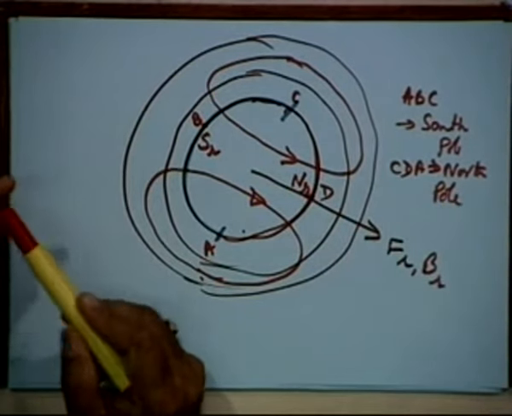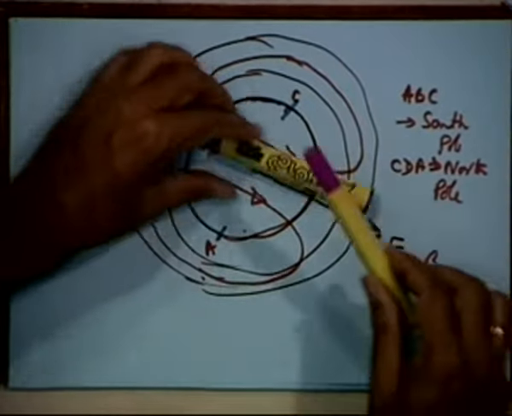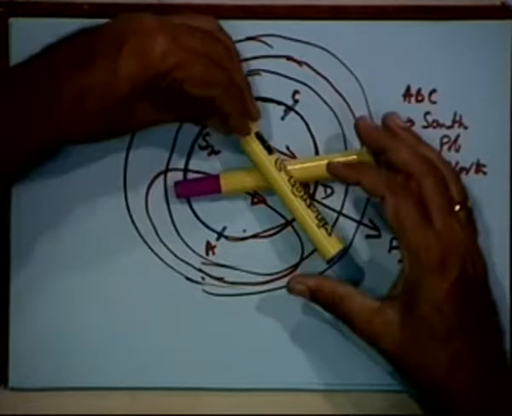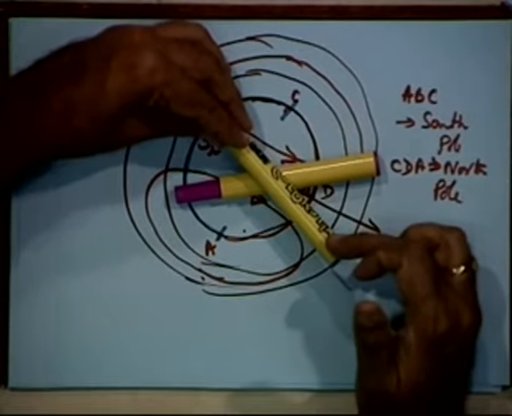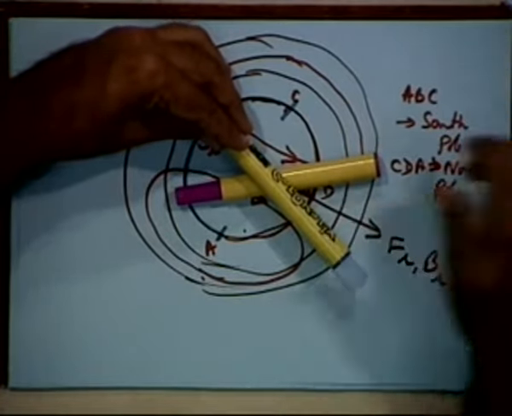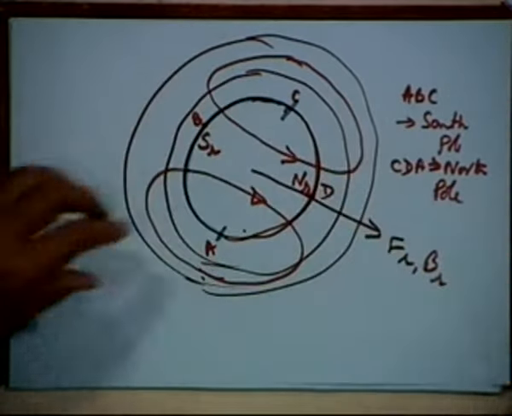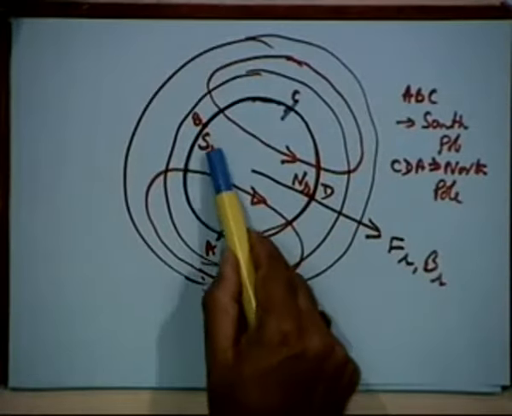This concept is very important, because otherwise you may get confused, as if there are two poles kept like this. You assume that this will be north, this will be north, which will be a fallacy. Even though they produce MMF in this direction, stator and rotor get magnetized in an opposite manner. So we have seen here, earlier this was north, this was south, and here this is north, this is south.